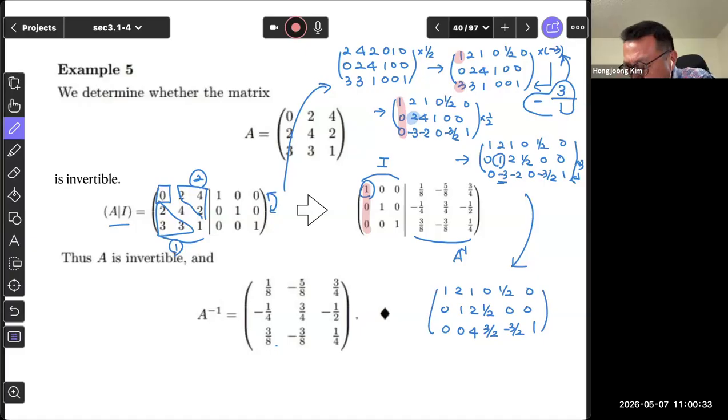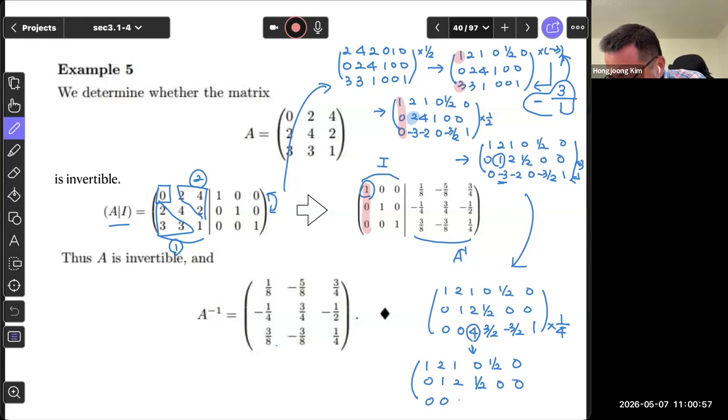Okay, and then I want to change this number to 1, so I want to multiply 1/4 to the third row. Then the matrix becomes 1 2 1 0 1 half 0 0 1 2 1 half 0 0 0 0 1 and 3/8 and negative 3/8 and a quarter.